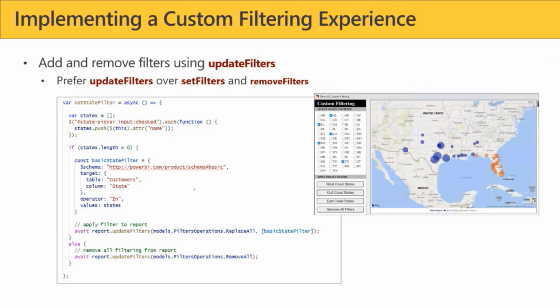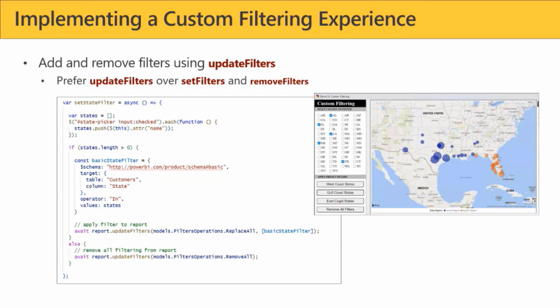Now, as we keep going through here, I think we're just going to go a little bit over today. I've got a little bit more time. One thing I wanted to point out is that as you write code with the Power BI JavaScript API to set filters and remove filters, there is a new method called update filters we introduced a year or two ago. There are older methods, set filters and remove filters, that are still there for backward compatibility, but always prefer update filters.